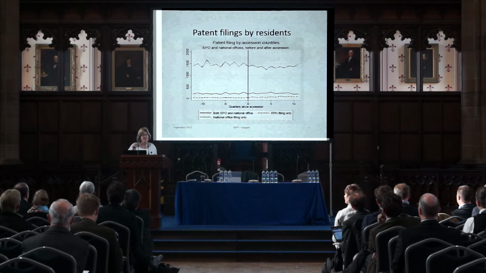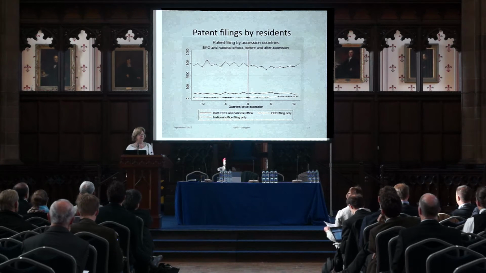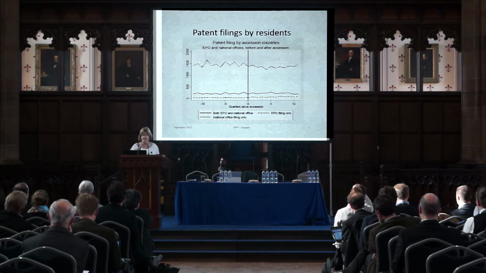It drops very, very slightly, right, after the red line. Teeny bit. The bottom line is the ones who file at EPO only. Oh, I should have said, these are based on priority, on equivalence, on patent families, right? So I have a patent family, I apply at the EPO and the national office simultaneously on the same invention, right?